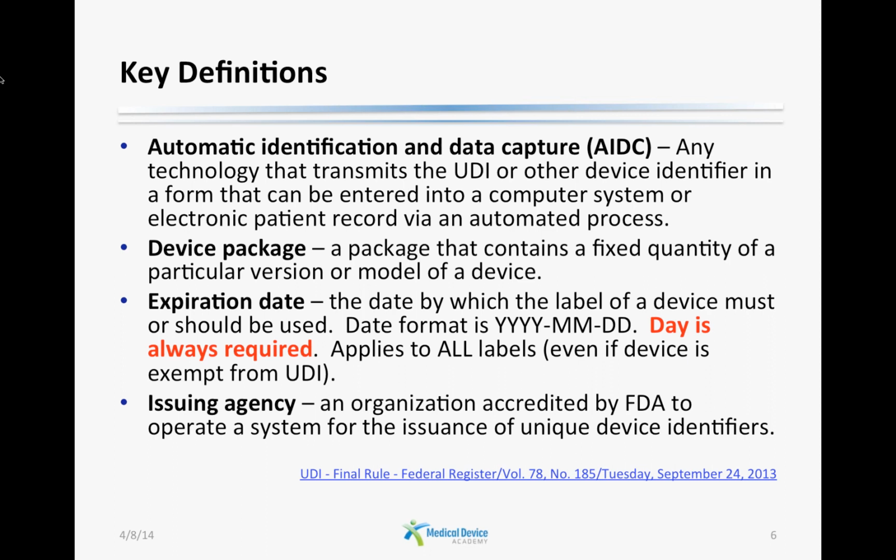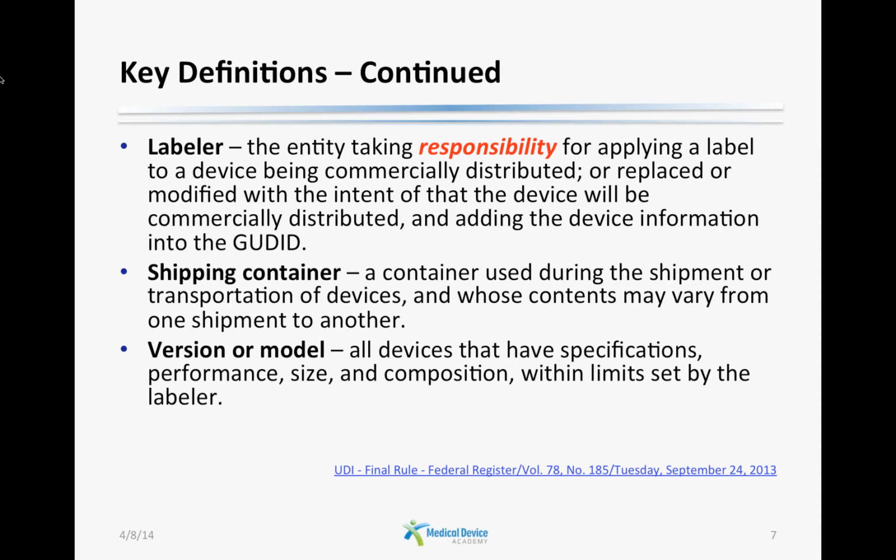FDA has accredited 3 agencies, as FDA early on decided they did not want to be in the business of issuing company IDs. They have left this to the industry to fill this role. The definition section of the final rule, section 801.3, does not define manufacturer. Instead, it defines the labeler, which may be the manufacturer or it may not be.